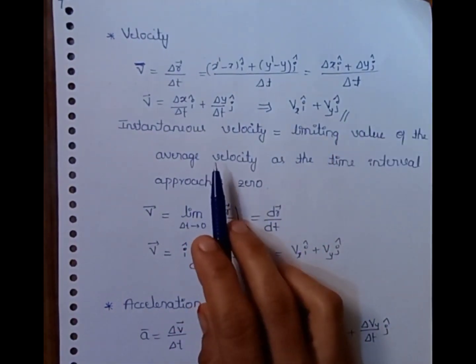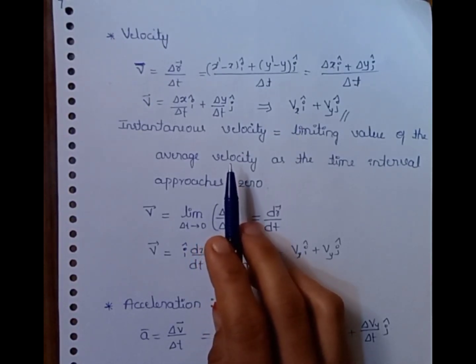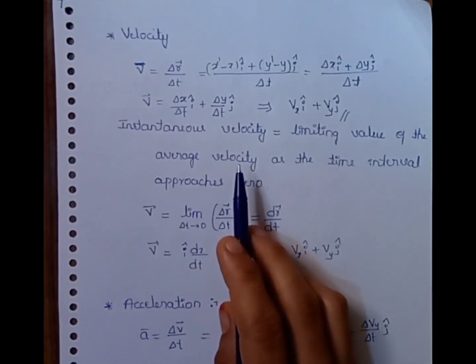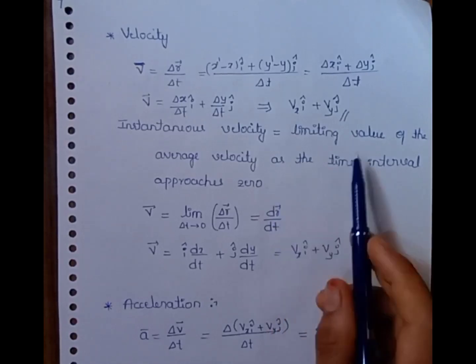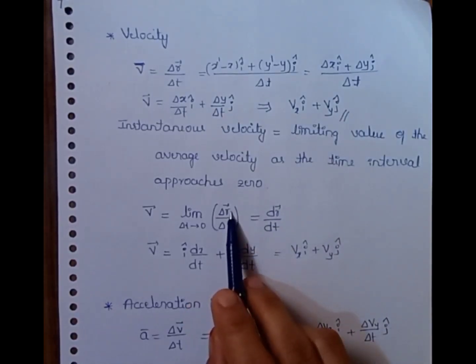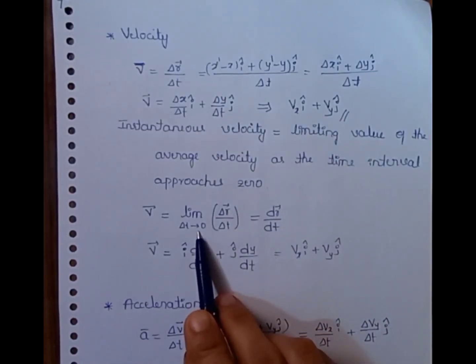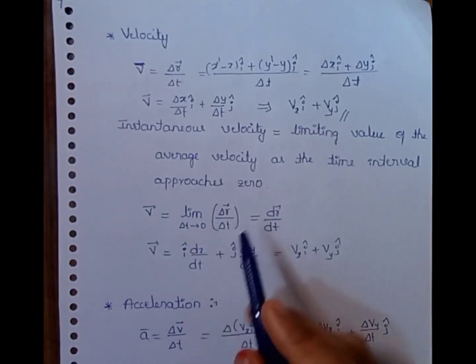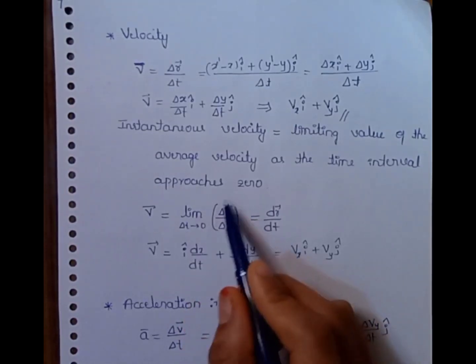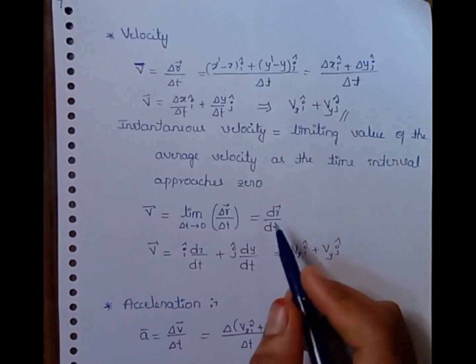Next is instantaneous velocity. How do we define instantaneous velocity? We already know it is the limiting value of the average velocity as the time interval delta t tends to 0. We have to apply the limit to the velocity value.